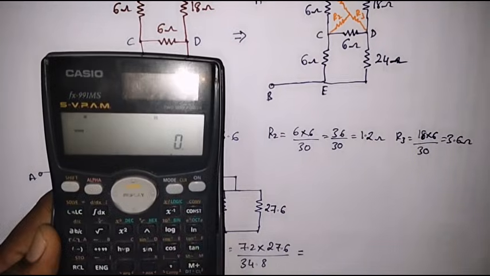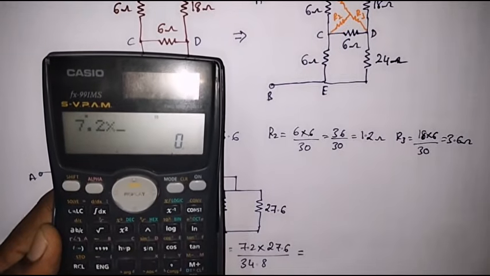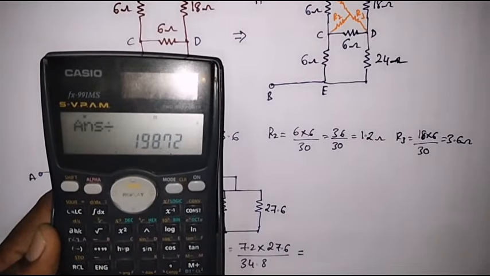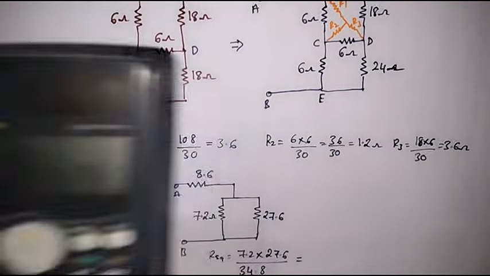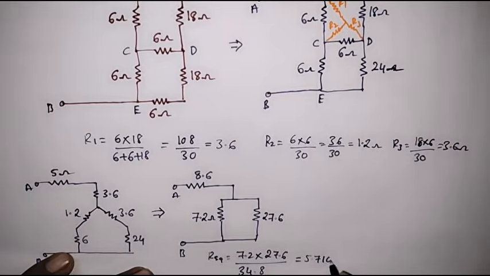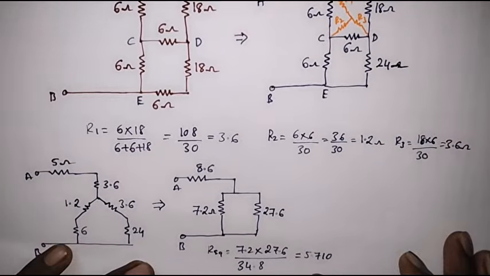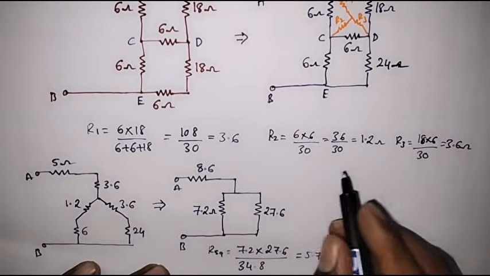So simplifying, 7.2 into 27.6 divided by 34.8 gives 5.710. Now I will redraw the circuit.